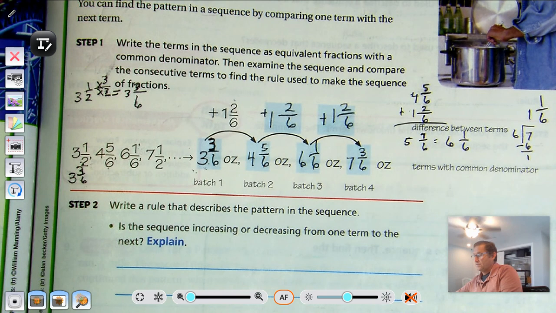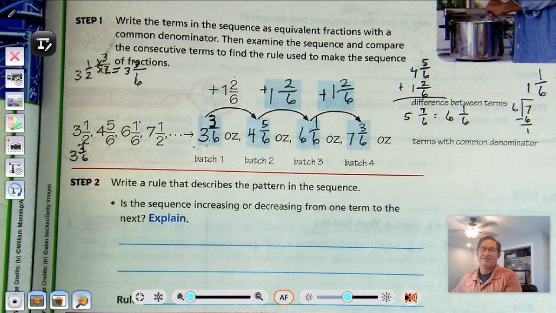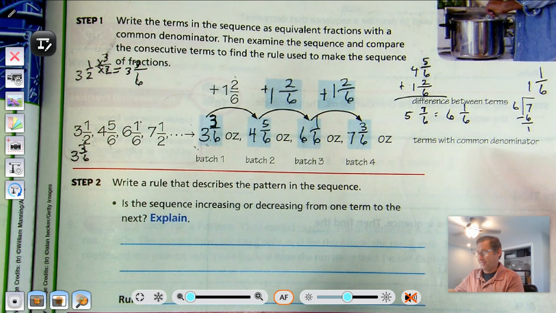All right. So what rule describes the pattern in the sequence? First off, is the sequence increasing or decreasing? Well, 3, 4, 6, 7, it's increasing, right?